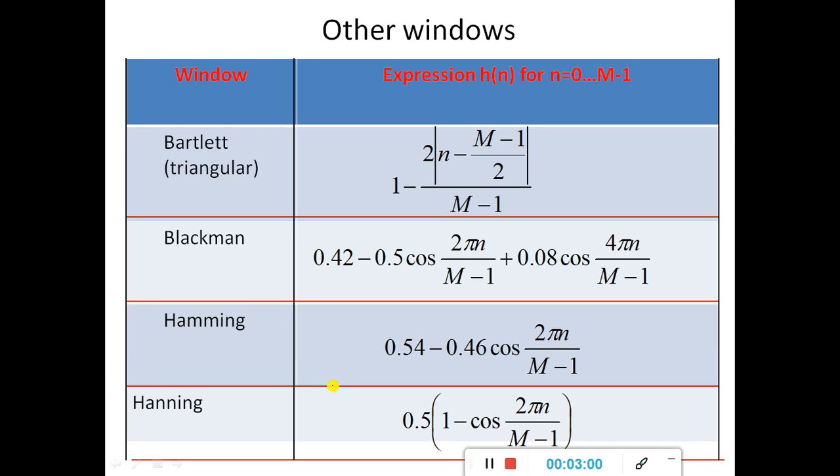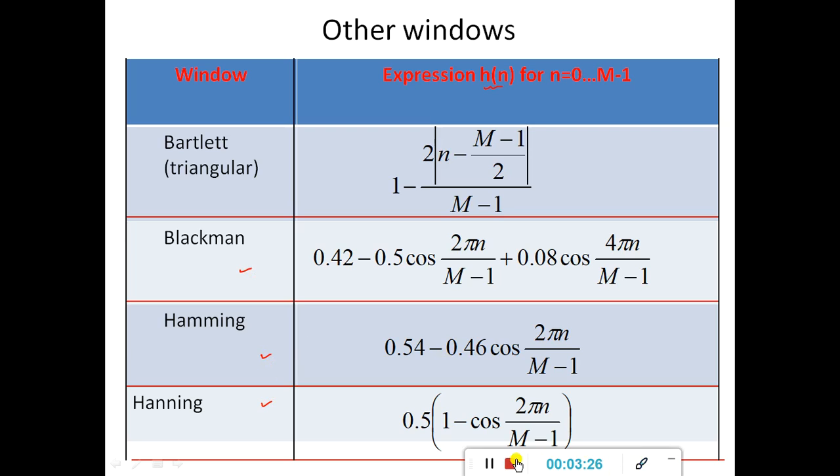The other windows with their respective equations are shown in the below table, that is the expression for the window function. For Bartlett, it is 1 minus 2 into the magnitude of n minus (M minus 1) by 2, whole divided by M minus 1. Similarly for Blackman, Hamming and Hanning.